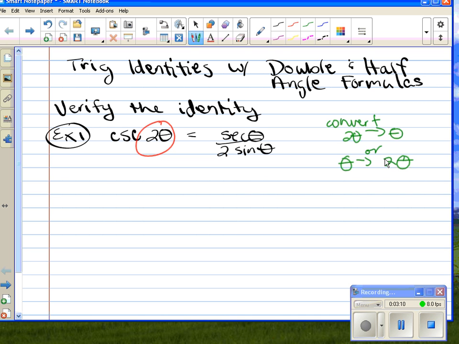Right now, you don't have what it takes to solve this problem, so we have to equip ourselves with a new formula. I think we're going to do 4 formulas today. This is what we call the double angle formula. It's one of them anyway.